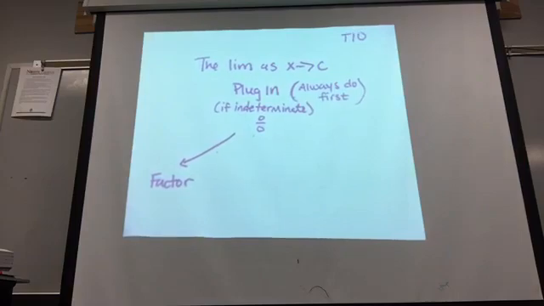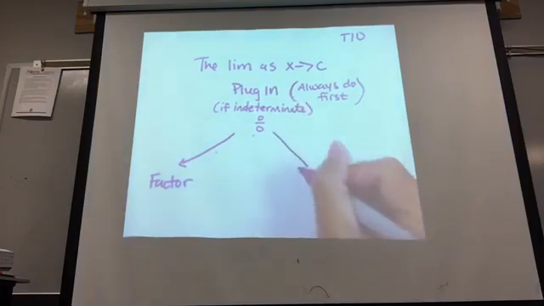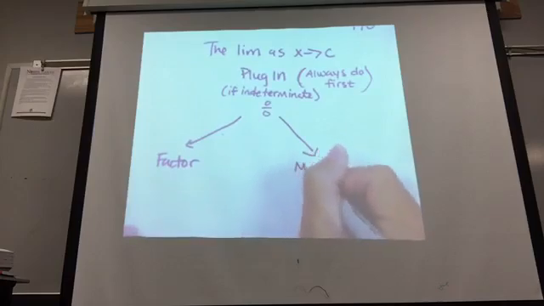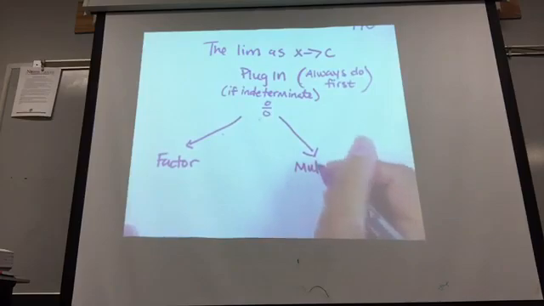But on our second example today, we're going to see that instead of factoring, I want to simplify it by multiplying by the conjugate. So that will be our next way we can simplify.